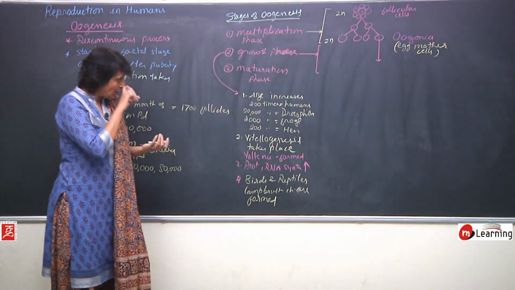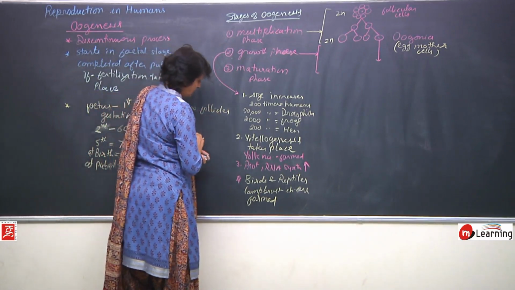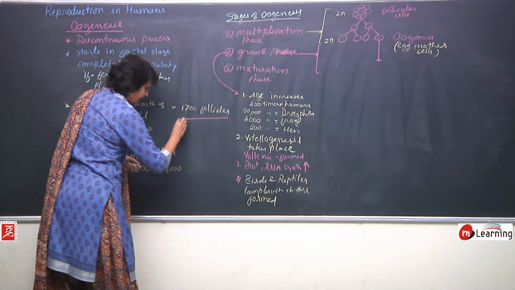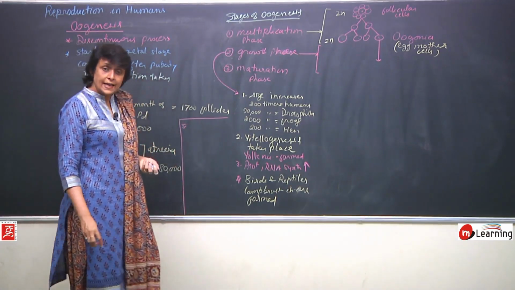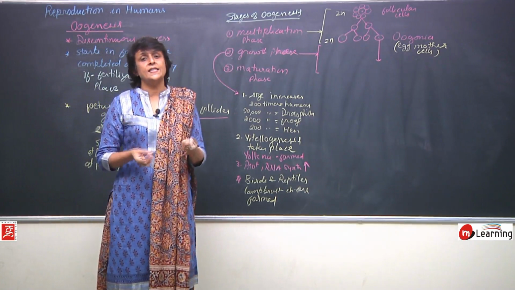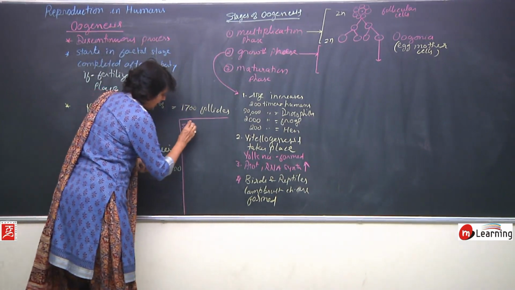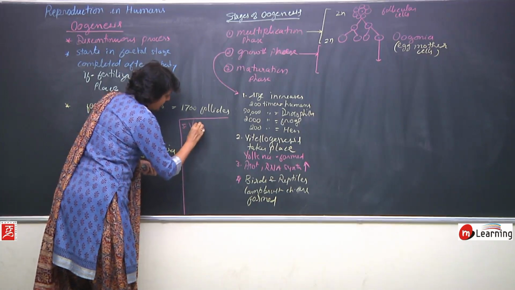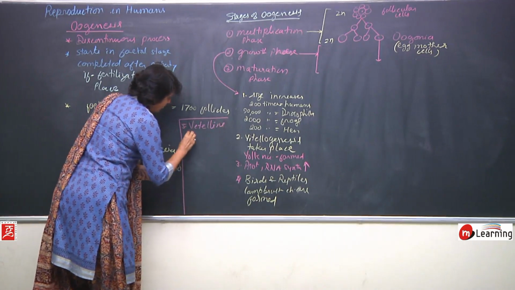So these are the changes. One more change which is seen, fifth point, at this time a membrane is secreted around the egg. The membrane is known as vitelline membrane.